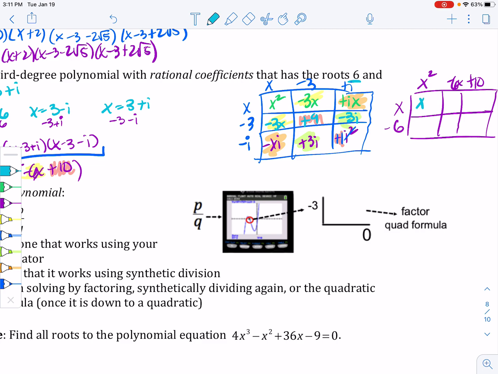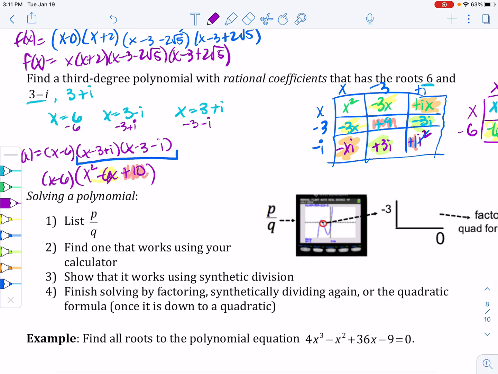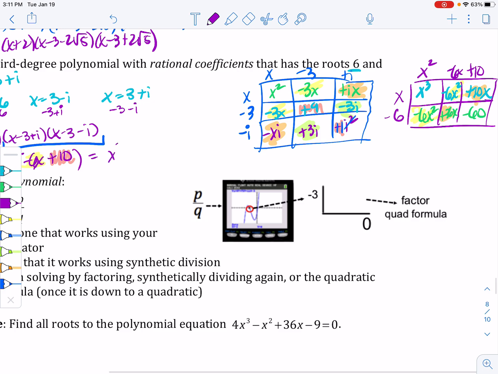So we've got x cubed, negative 6x squared, plus 10x, and minus 6x squared plus 36x minus 60. Okay. So these two are like terms, and these two are like terms. So then our final polynomial, or one of our options for our polynomial, I don't need parentheses, is x cubed.